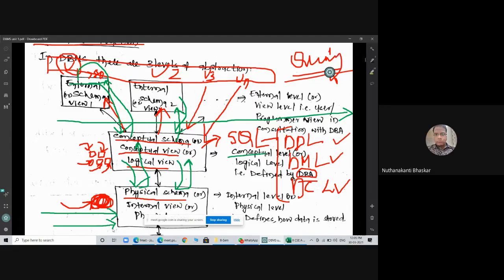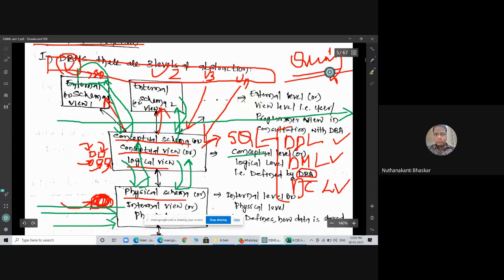Correct? Maybe the gold loan, bike loan, personal loan people, credit card related people. So all are customers of that particular bank. Yes or no? Accepted?